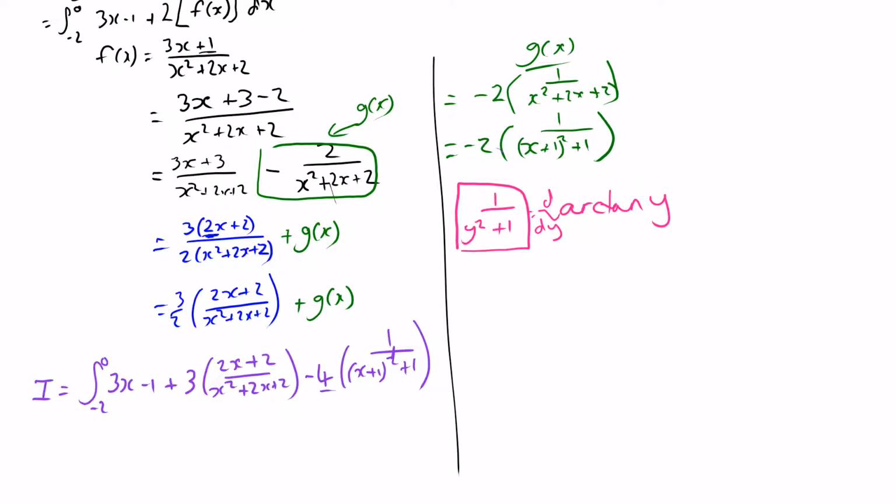This 4 comes from the 2 here, since we wanted 2 lots of f of x, and f of x contains g of x, so 2 times 2 is 4, and that is all with respect to x.